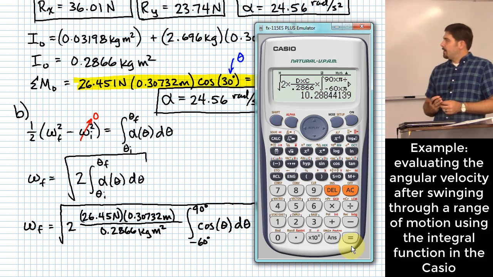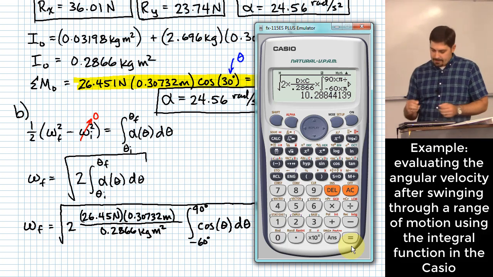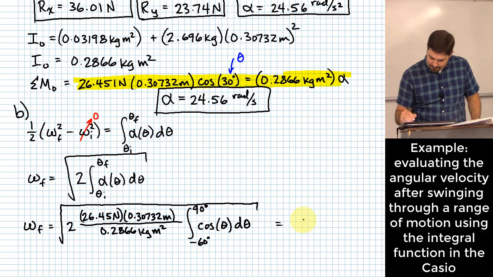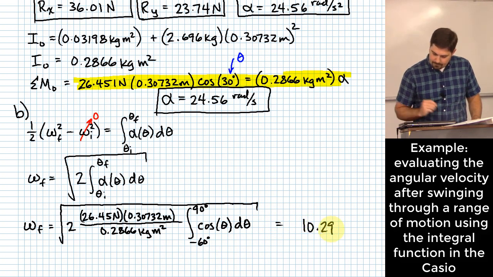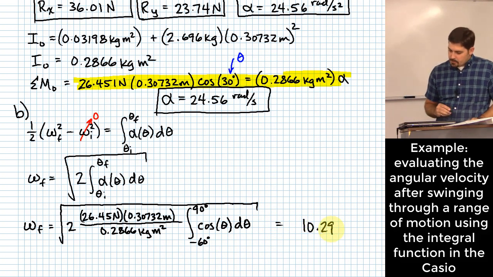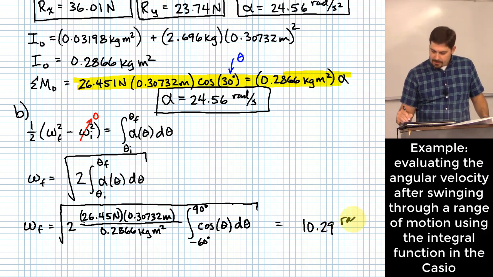And what it gives me there is 10.289, or we'll just say 10.29. This winds up being in radians per second.